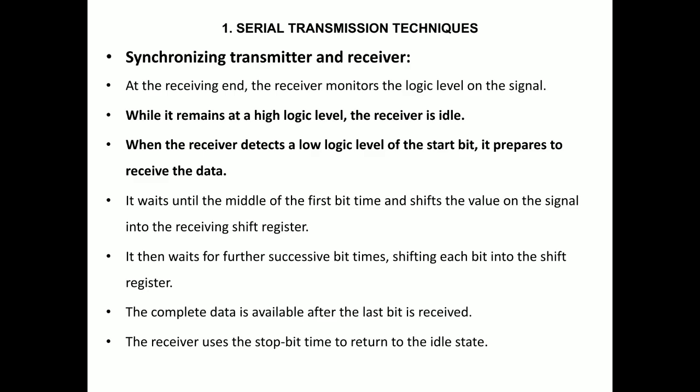This receiver monitor will be in an idle state, which means it will not receive data until the monitor signal is there. When this receiver monitor is at logic high, the receiver will not receive data, it will remain in idle state. When this receiver monitor goes to logic low, it will start to receive data one by one. This is how we can make the receiver receive the data.